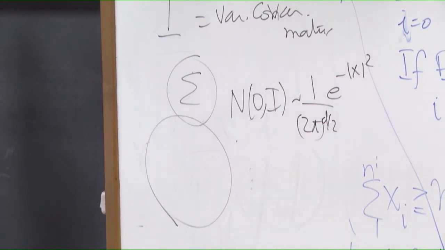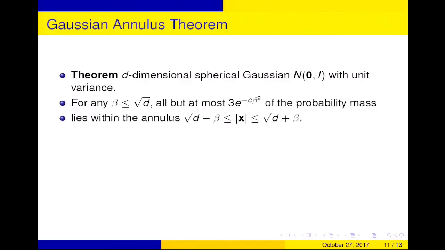So the density is maximum at 0 and falls off. Okay, and the assertion is, for any beta which is less than root d, at most so much of the probability mass, again notice the beta squared there, lies outside. Most of the mass lies between root d minus beta and root d plus beta.